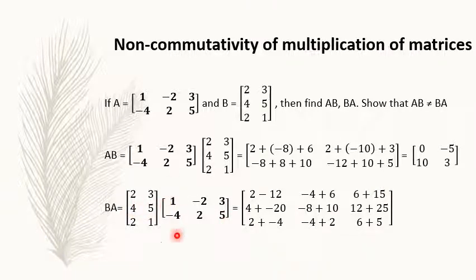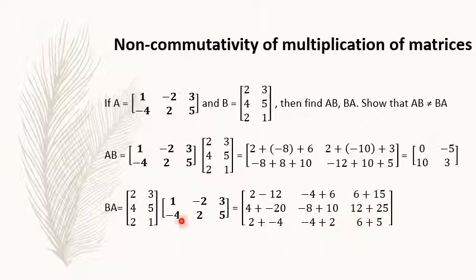Second row, first column, 4 into 1 plus 5 into minus 4, minus 20. Second row, second column, 4 into minus 2, minus 8 plus 5 into 2, 10. Now, second row, third column, product. Third row, first column, 2 into 1, 1 into minus 4. Third row, second column. Third row, last column.